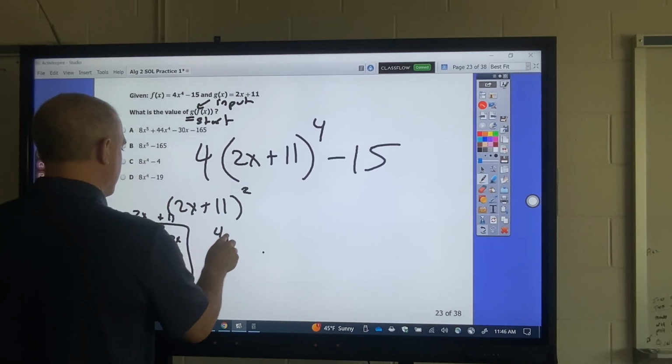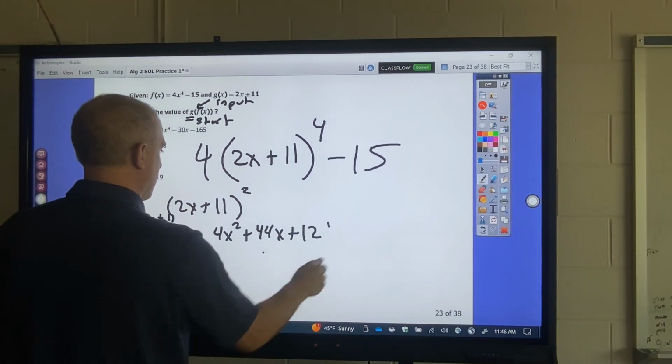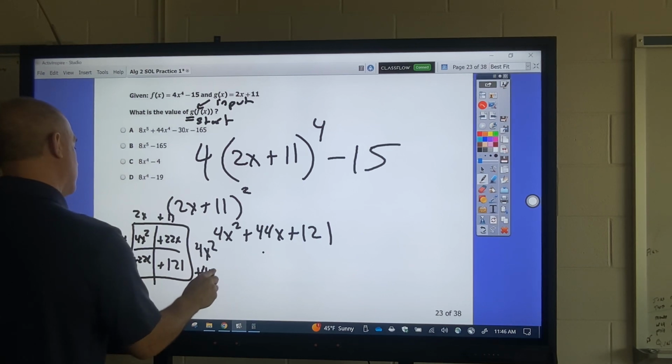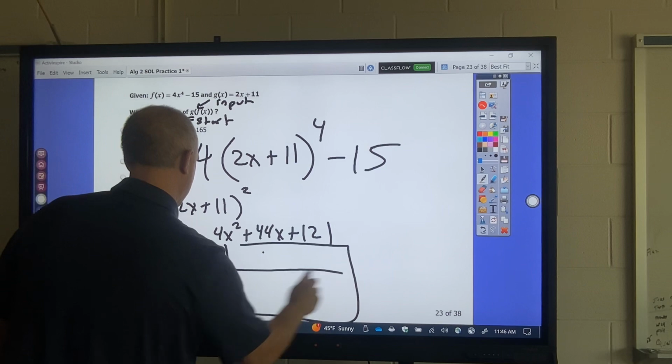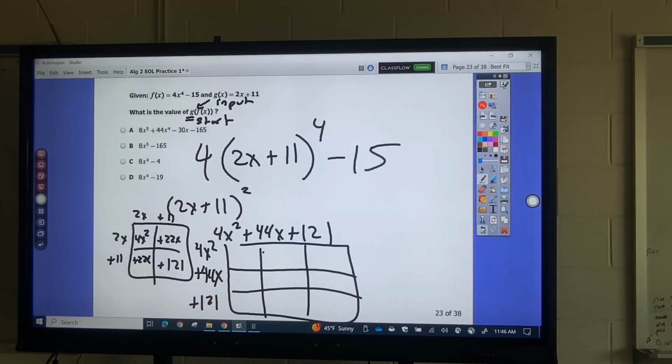So that's 4x squared plus 44x plus 121. And you'd have to multiply that by itself.